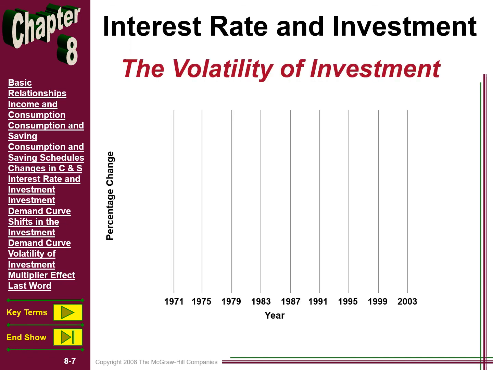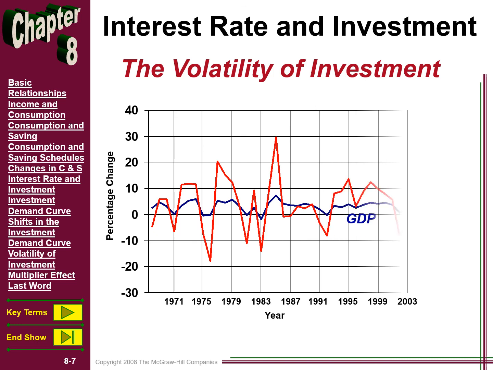This final slide on the video presentation graphs the correlation or relationship between gross domestic product and actual business investment. So on the horizontal axis, we simply have time from 1975 through 2004. And on the vertical axis, we have percentage change in both GDP and planned business investment or actual business investment that took place.